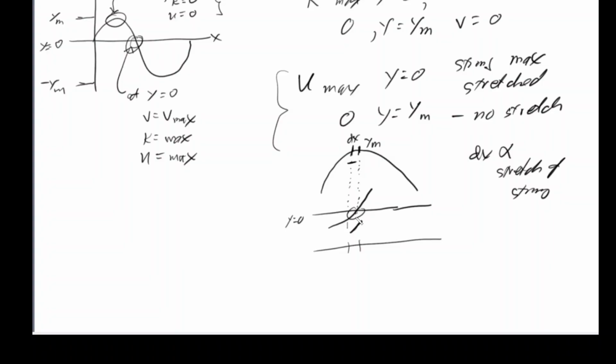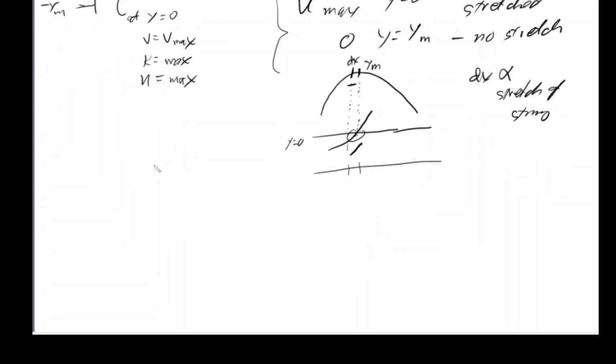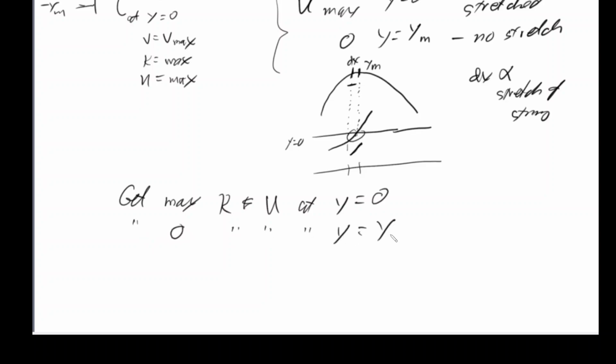That would be like a spring that is stretched a lot. Whereas at y equals ym, there's minimum or no stretch in the string. So what this tells us is we get maximum kinetic and potential energy at y equals 0, and we get no kinetic or potential energy at y equals ym.